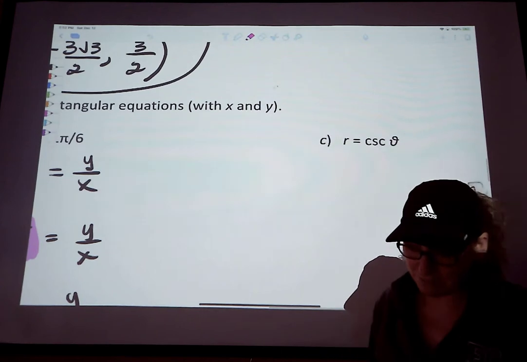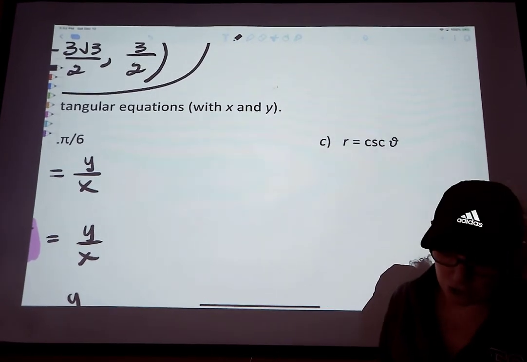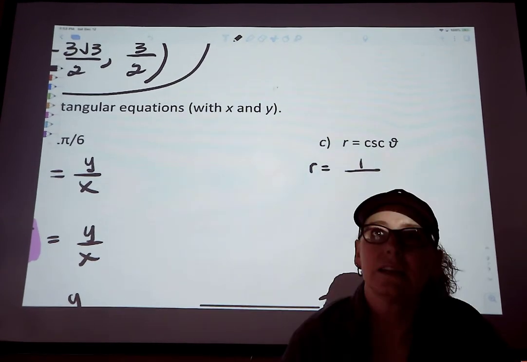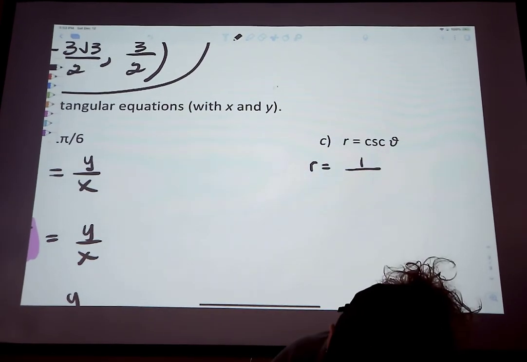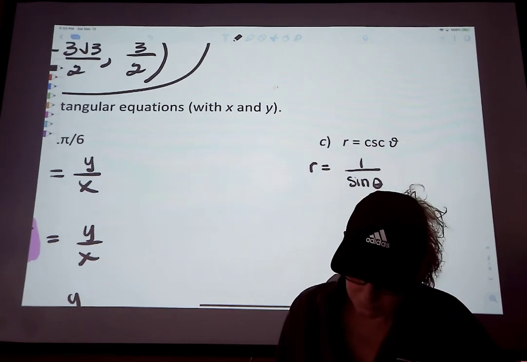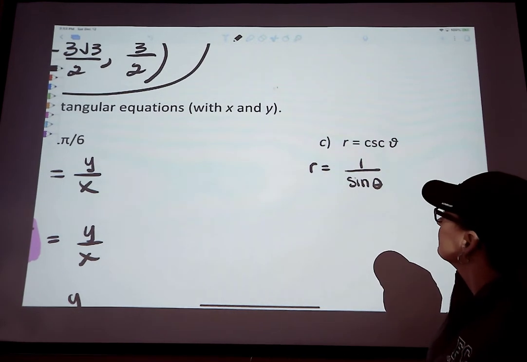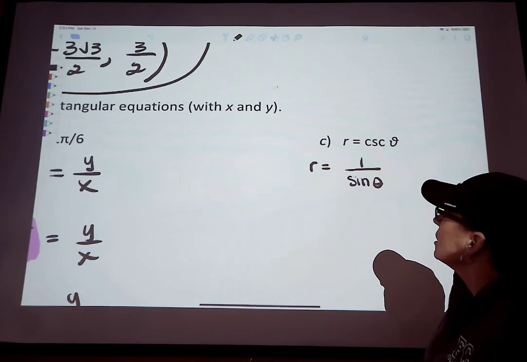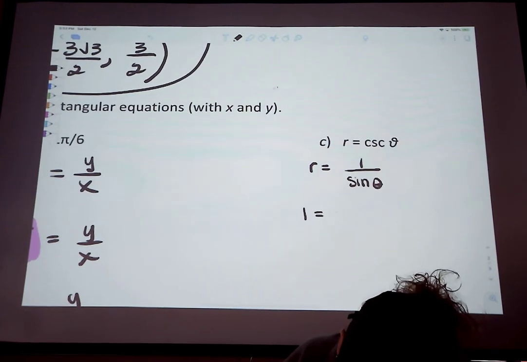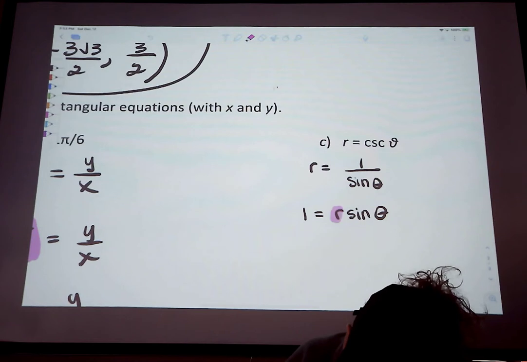All right, and last one. This one I don't see a direct relationship to, but if I play around with it a little bit, cosecant is 1 over sine. Multiply both sides by sine. Wait a minute. This looks familiar.